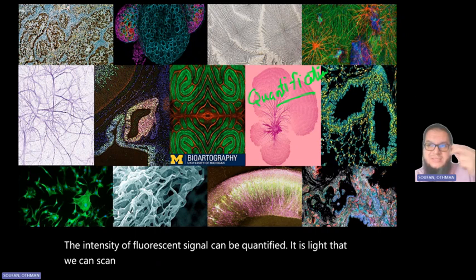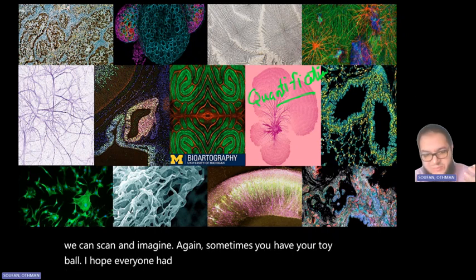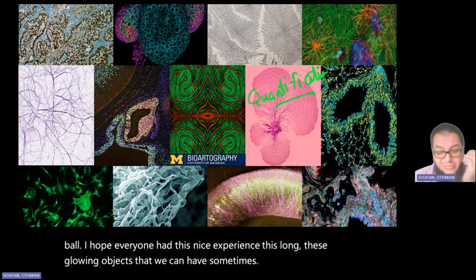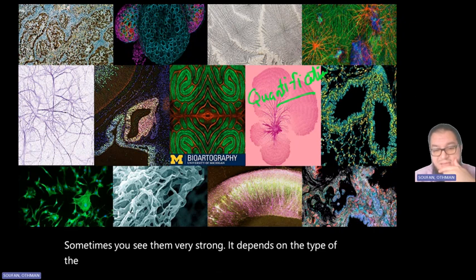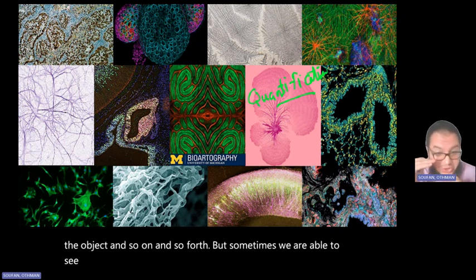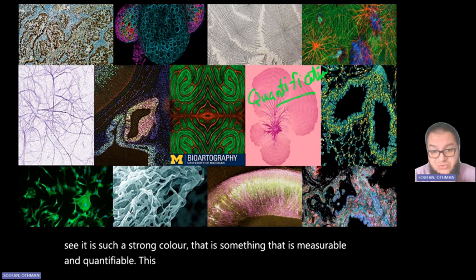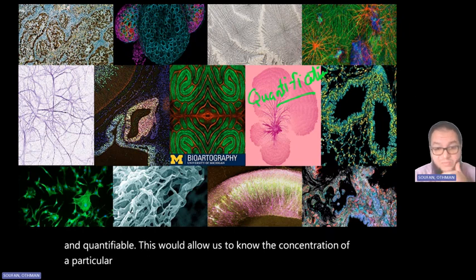And imagine again, sometimes you have your toy ball. I hope everyone had this nice experience, these glowing objects that we can have sometimes. Sometimes you see them very strong, depending on the type of the object. But sometimes you're able to see, oh, it is such a strong color. That is something that is measurable and quantifiable. This would allow us to know the concentration of a particular molecule, for example.